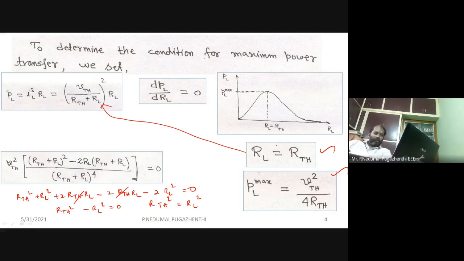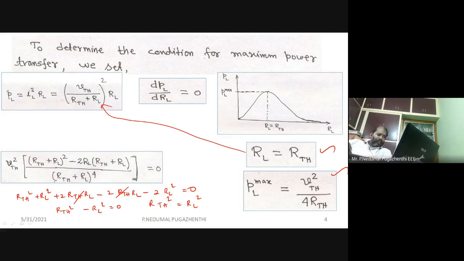Any doubts in this particular slide? How you got this RL is equal to R Thevenin has been explained. I take that expression for power, I differentiate it with respect to RL once, then I equate that to 0.